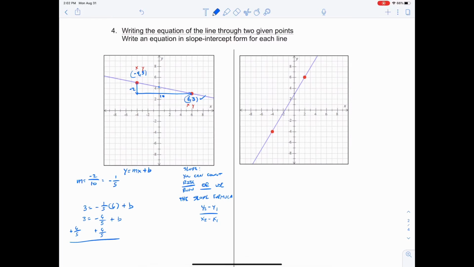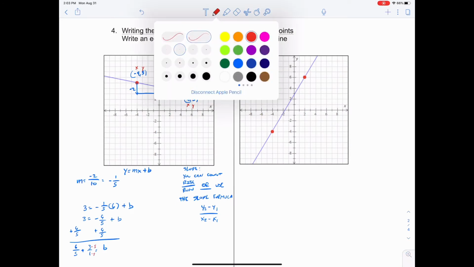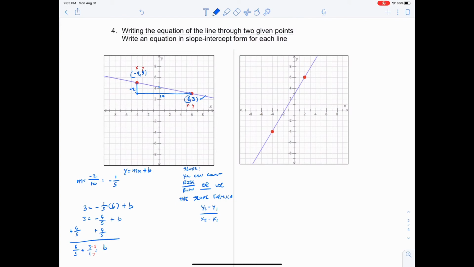I get 6/5 plus 3/1 equals b. I want a common denominator. I need to multiply this by 5 and that by 5. I'm sorry, everything's getting so tiny here. I'm going to then move everything over here.